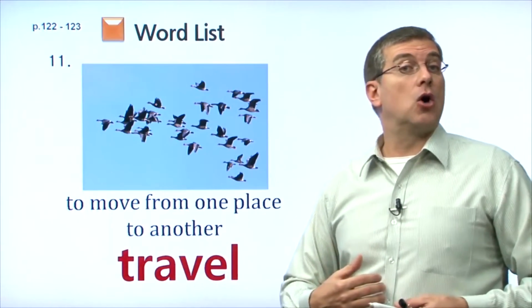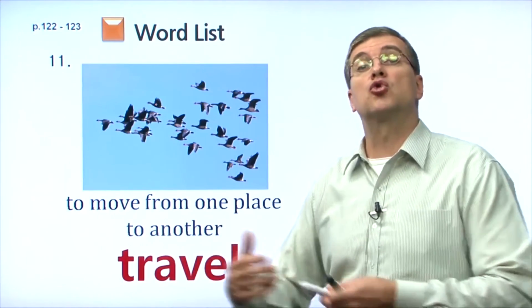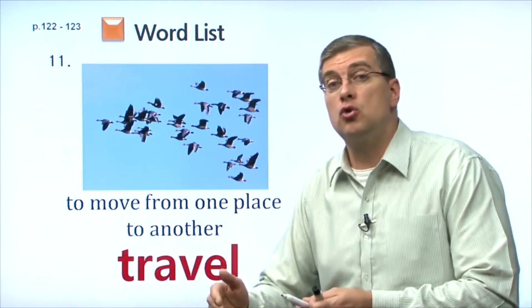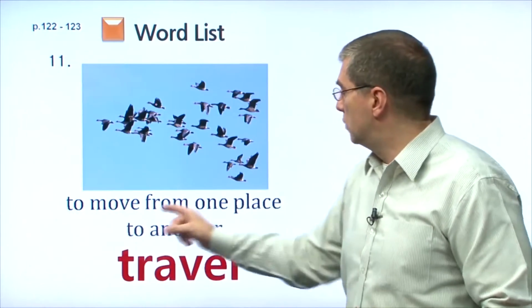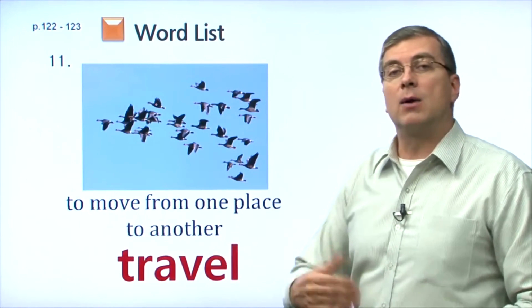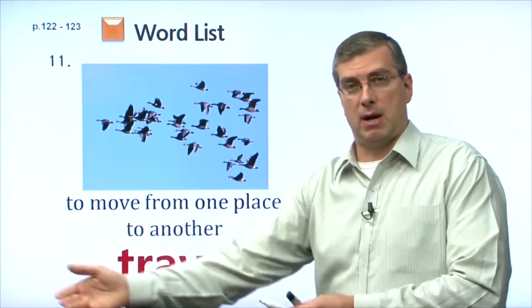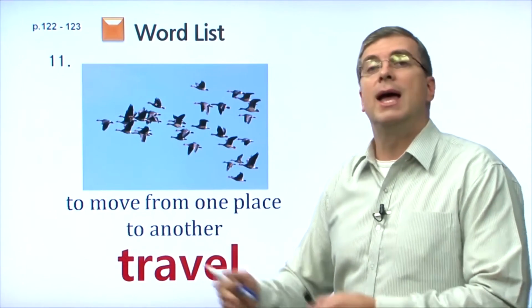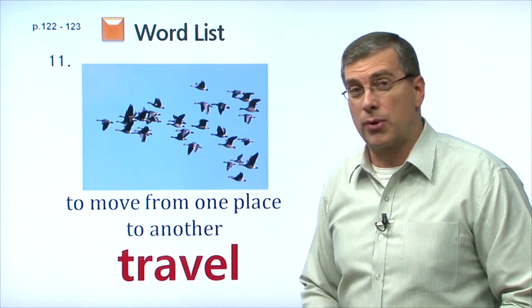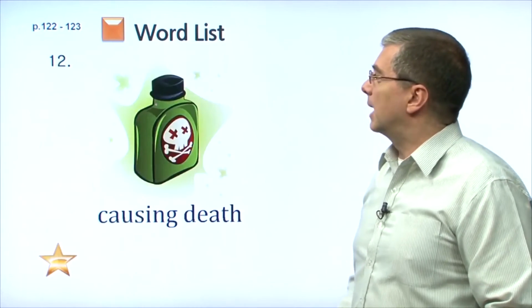So I want to go to America. I will travel to America. Travel to somewhere. Move from one place to another place. I will travel to America. I will travel to another country. So these birds are traveling south. Okay, let's take a look at the next one.